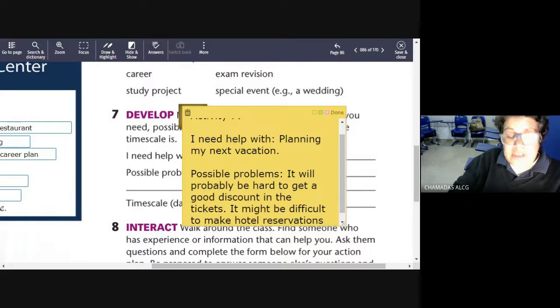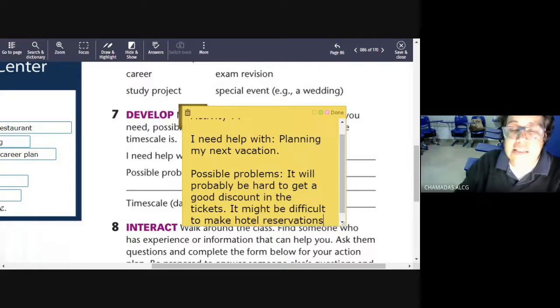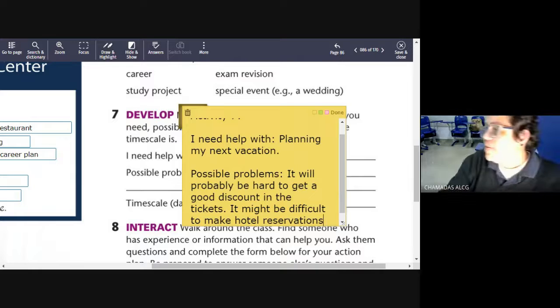That is a very difficult moment to find hotel reservations. So if we really want to be there or anywhere at this time, we need to plan way before. Okay.